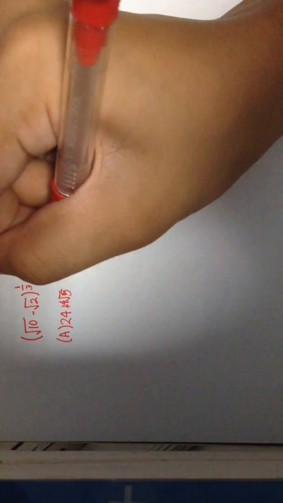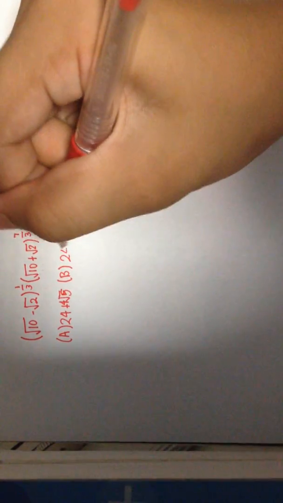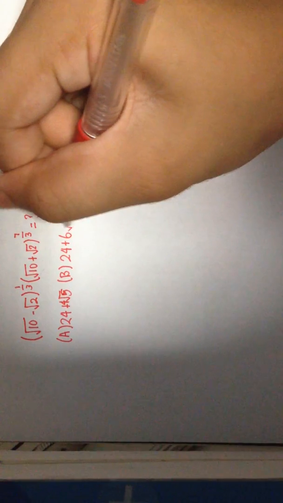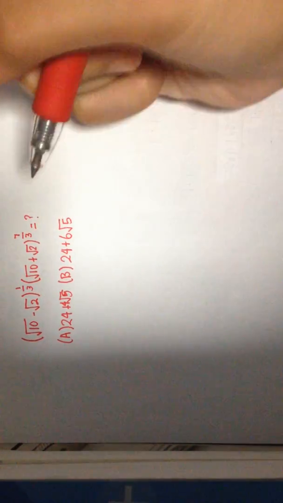Option A is 24 plus, sorry, 4 times root 5. Option B is 24 plus 6 times root 5.